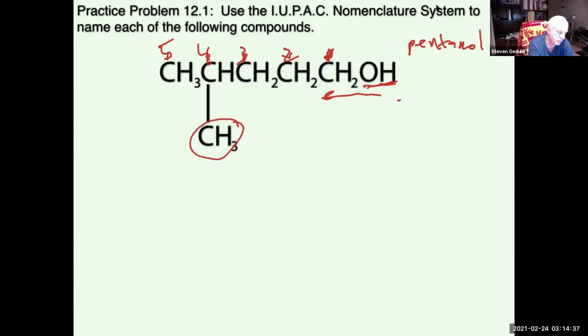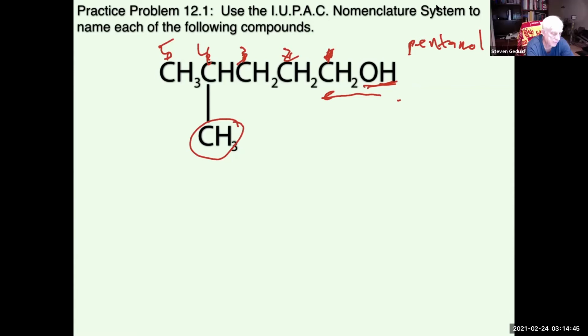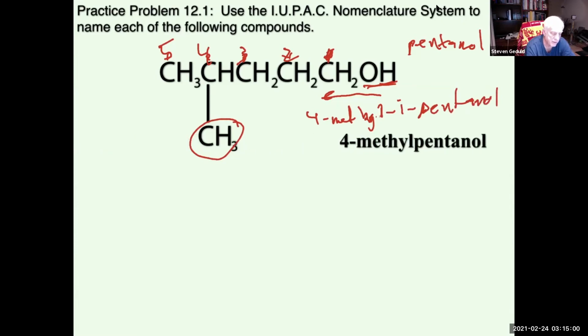Putting this together, the name is 4-methyl-1-pentanol, or 4-methylpentanol. Again, if there's no number, we assume it's at number 1.